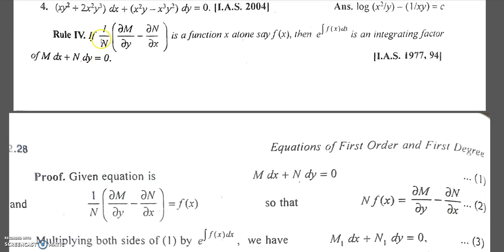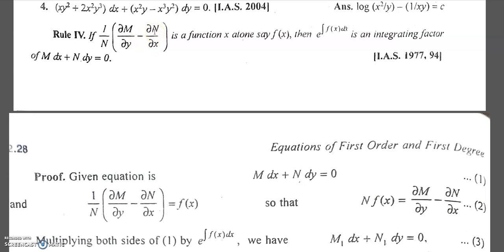Now here you need to find out, M is with dx, so you have to find del M/del y, then N with respect to x, then you subtract del M/del y minus del N/del x.